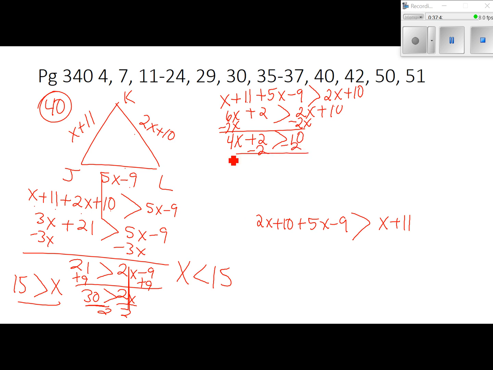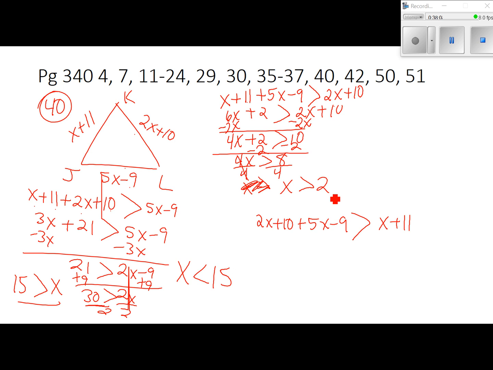Subtract 2 on both sides. You end up with 4x is greater than 8. Divide both sides by 4. These cancel out. You're left with x is greater than 2. So we know x has got to be more than 2. It's got to be less than 15 so far.